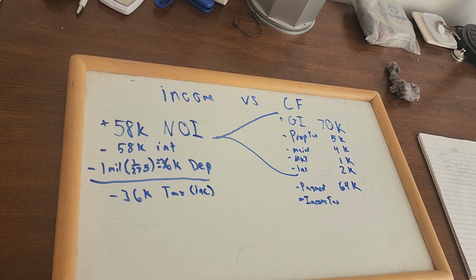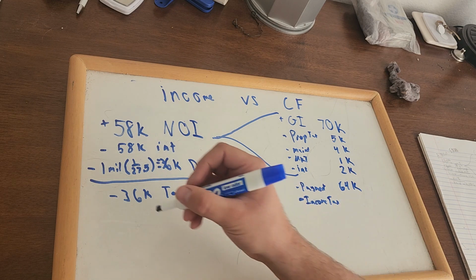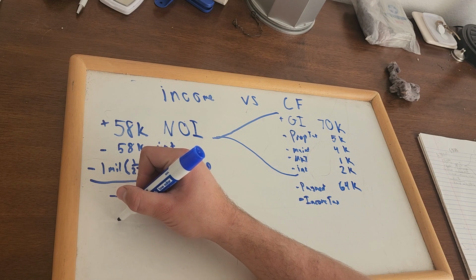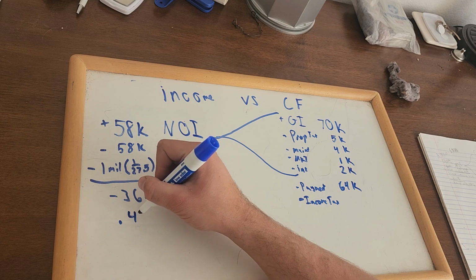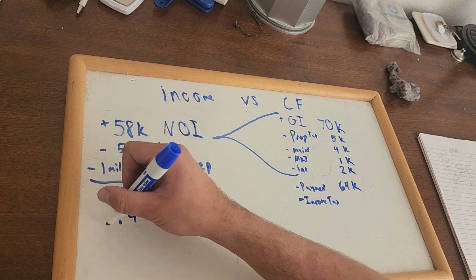Income tax. We then need to multiply that by our tax rate. Everybody's going to be different, which is why your statement of cash flows is going to be completely different than somebody else's for the exact same property. But let's just say you're a baller, right? You're paying 40% in taxes. So 0.4 is our tax rate.